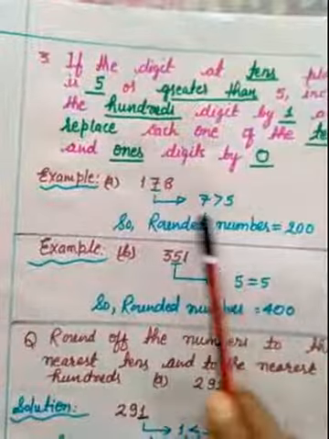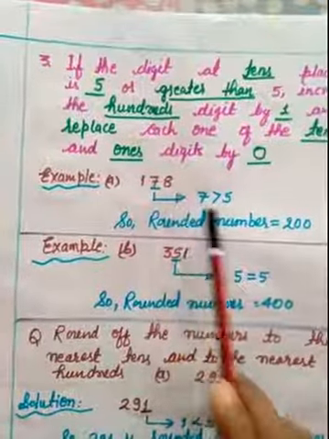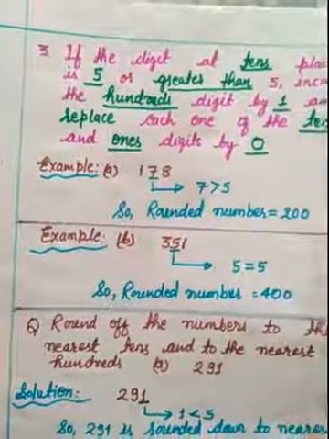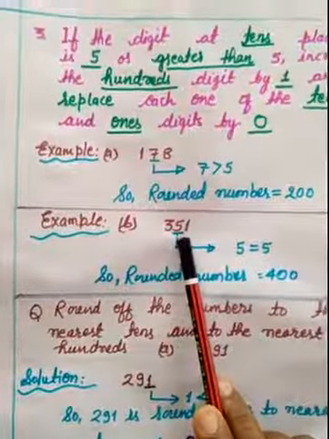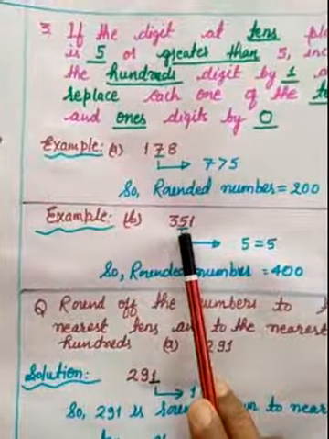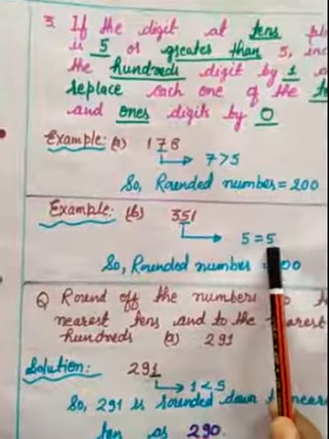So rounded number of 178 to the nearest 100 is 200. Now we have another example. We have a number 351. The tens place digit is 5, which is equal to 5.